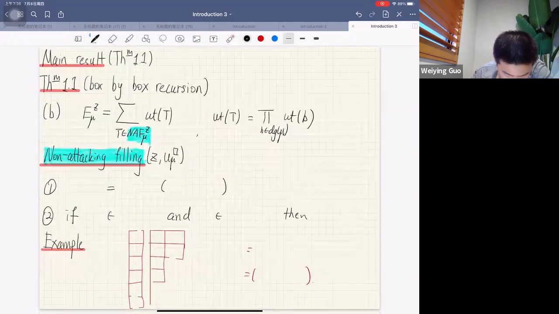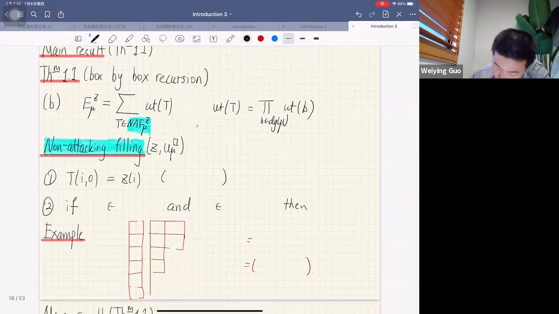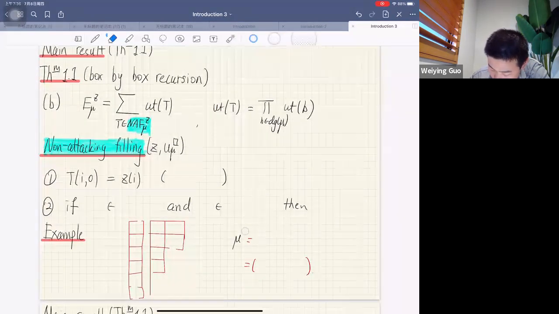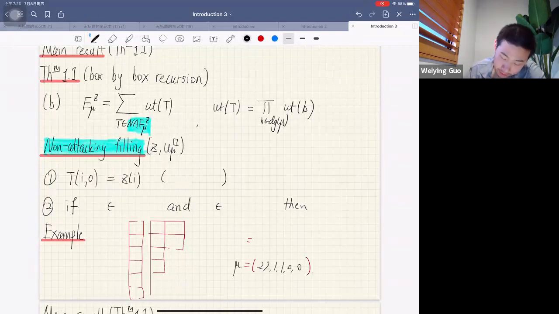And let's first define the non-attacking fillings. We require the basement, so Ti0, to be Zi. For example, if we have mu equals 2, 1, 1, 0, 0, then our basement z equals identity, let's say, so it's an element in Sn.